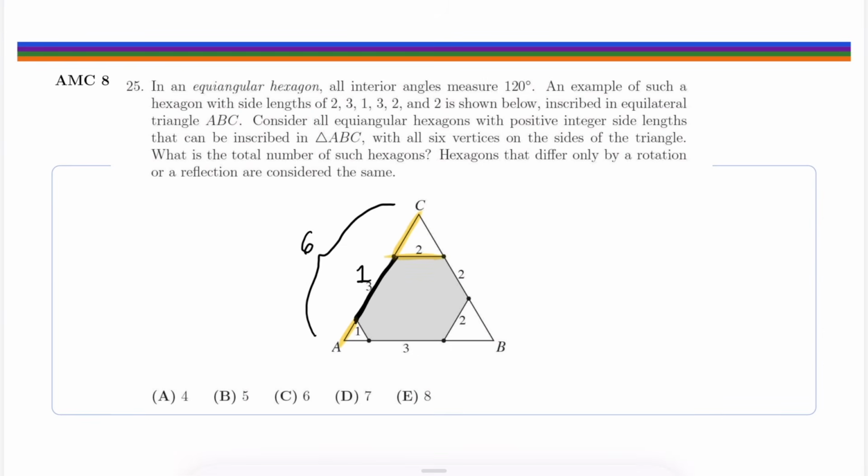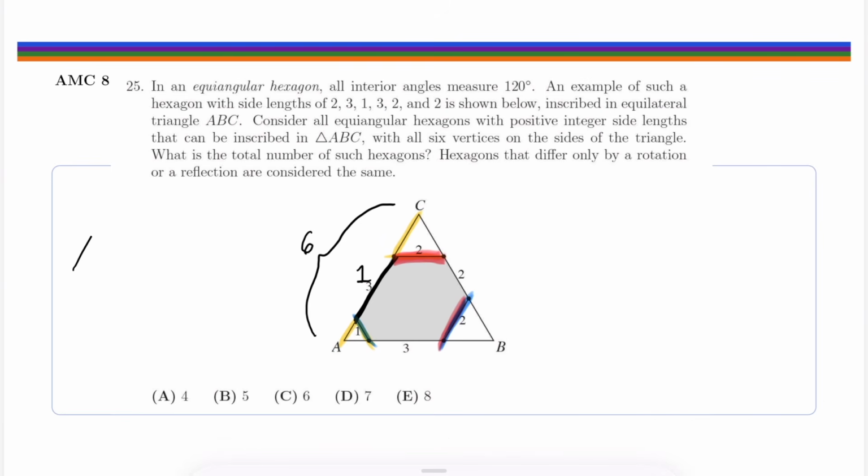In fact, the sum of any two sides of these smaller equilateral triangles has to be 5 or less. Using this information and the information from our answer choices, knowing that there is so few of them, we can just do casework.